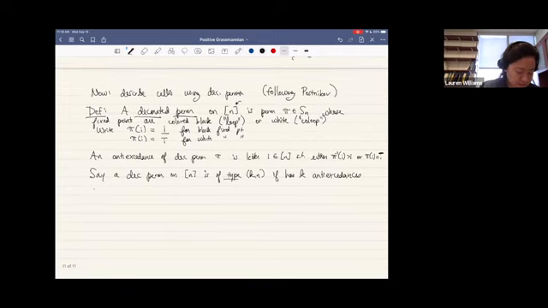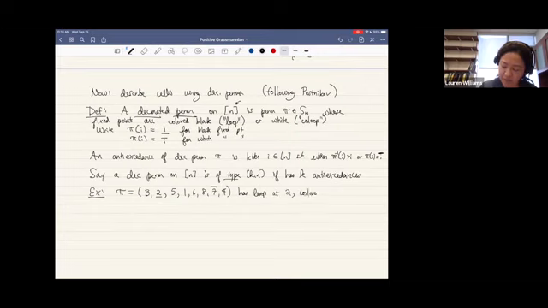So as a small example, if pi is the permutation written in list notation as 3, 2 underline, 5, 1, 6, 8, 7 overline, 4, then it has a loop at 2, a co-loop at 7, and it has 3 anti-exceedances, which are 4, 7, and 8.